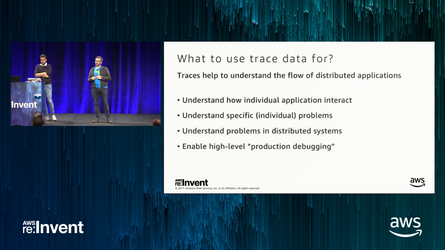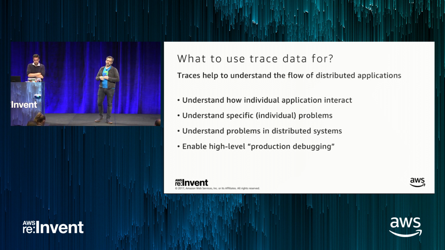So what do we do with trace data and how can we collect it? You get trace data when you really trace every transaction running through your application. This means you have to carry through some ID of this transaction, ideally from the user device down to the database.